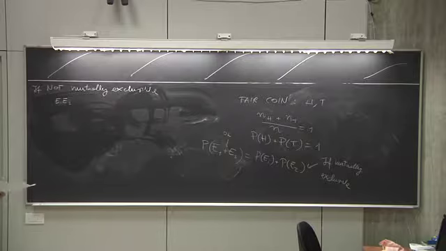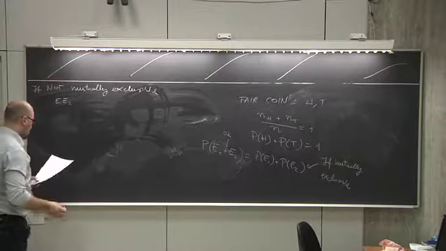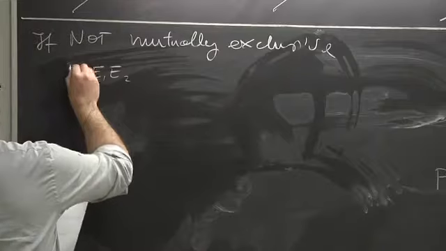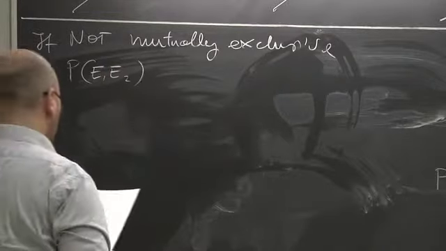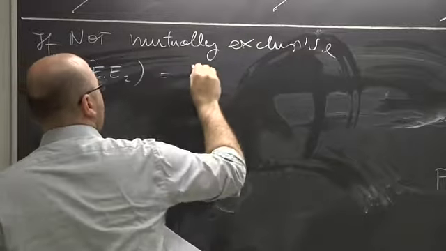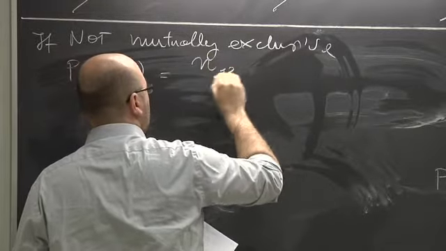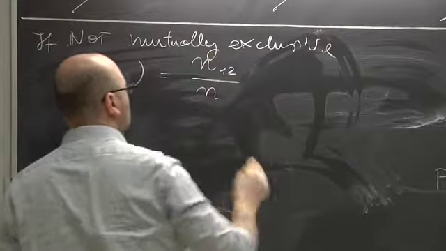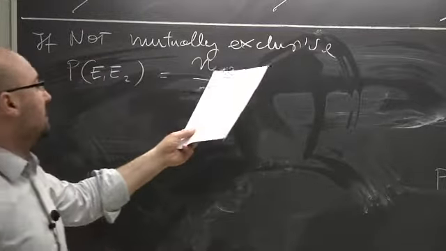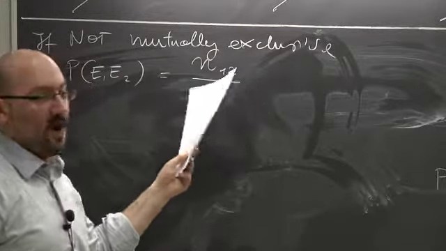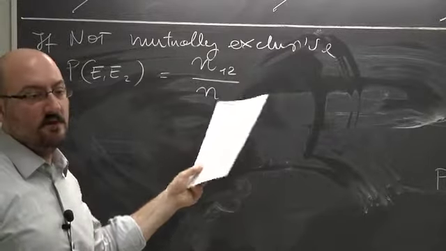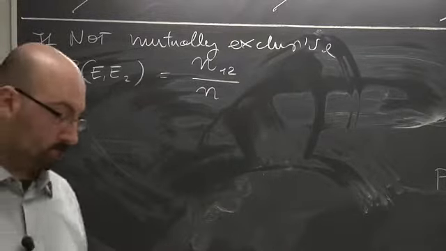It's not that guys don't wear glasses. So this we define as usual as the number of occurrences of event 1 and 2 divided by the total number of events.